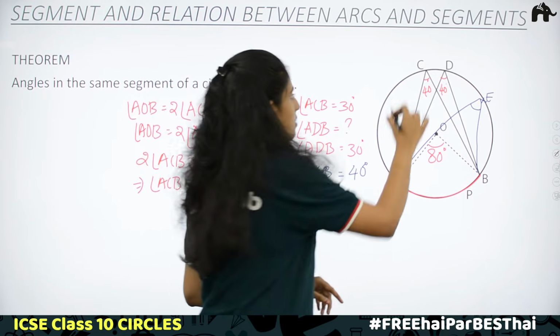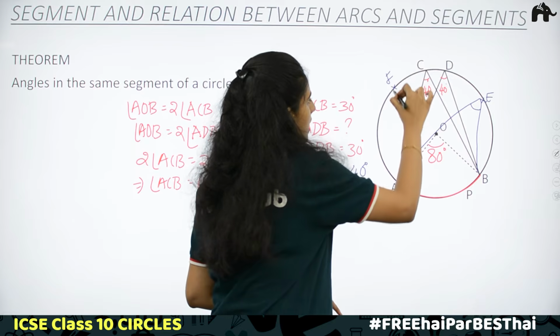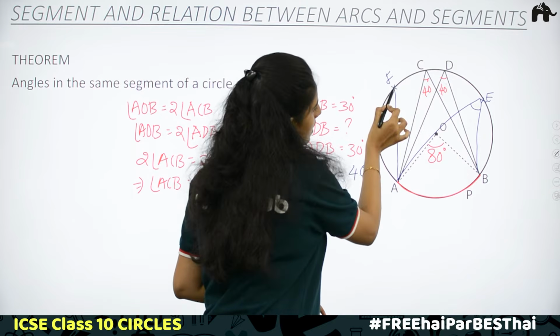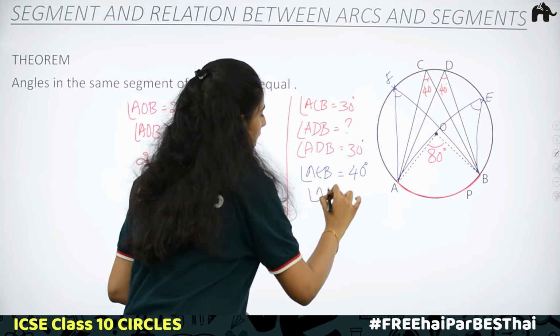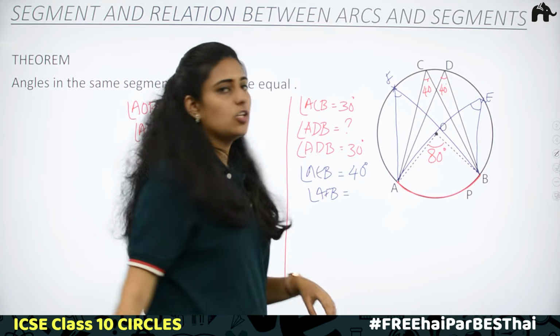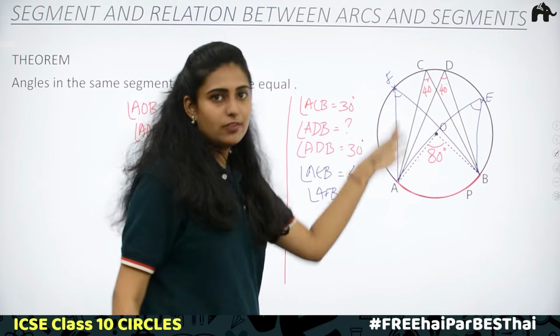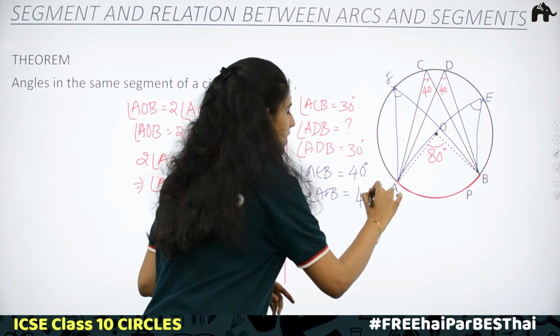If I am taking another point F here, we have an angle AFB. What is the measure of AFB then? AFB will also be equal to 40 degrees.